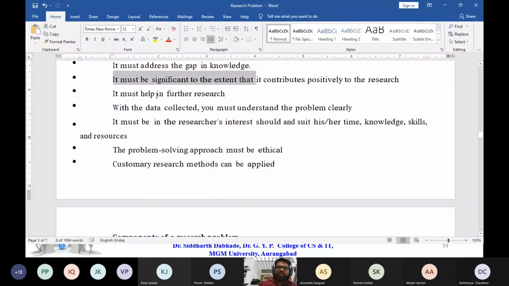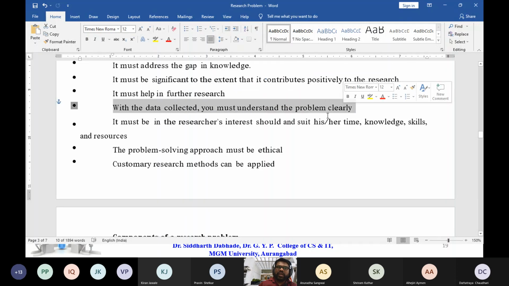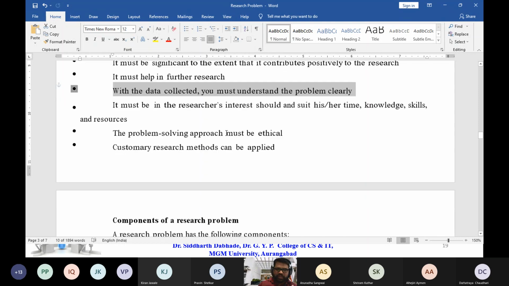Then it must help in future research, right? With the data collected, you must understand the problem clearly. Before collecting your data, you should understand your problem clearly. Okay, so it should be logically and theoretically perfect. It must interest the researcher and suit his or her time, knowledge, skill, and resources.